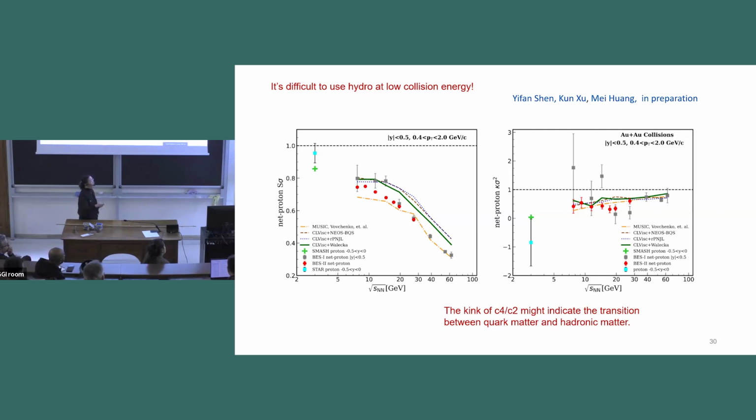My student has another recent result. He uses this equation of state from the Walecka model, which is for hadronic degrees of freedom. And then he found a kink structure here. This position is not exactly at 19.6 GeV, but around 14 something GeV.